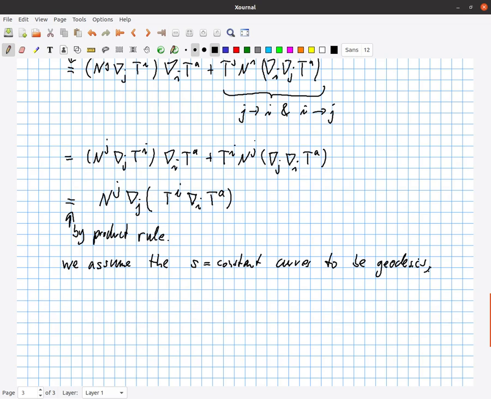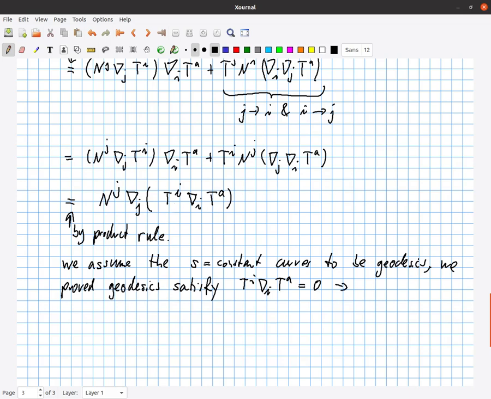We proved that geodesics satisfy precisely the equation t^i nabla_i t^a equals 0, which is exactly the thing here in the bracket.